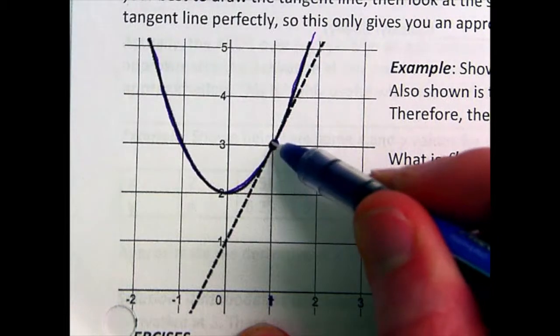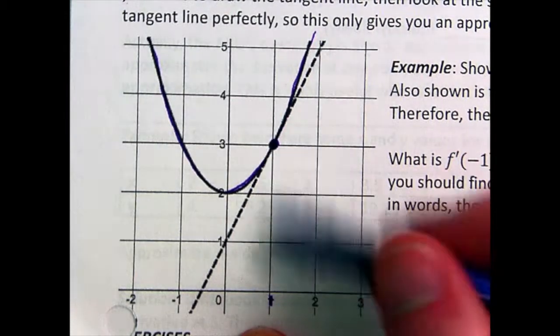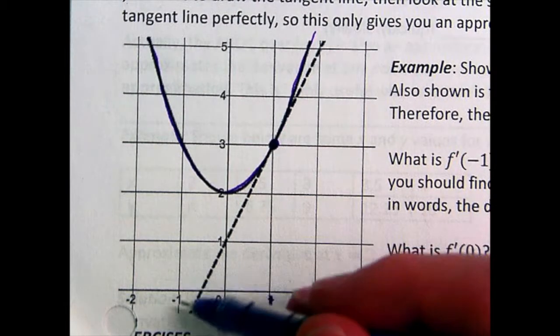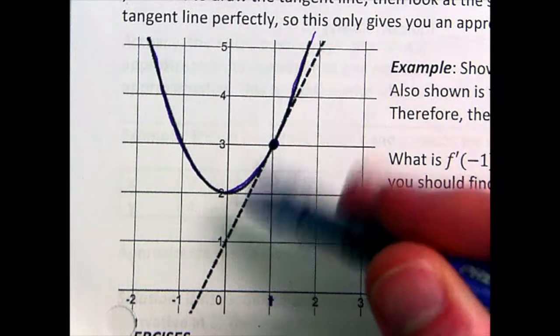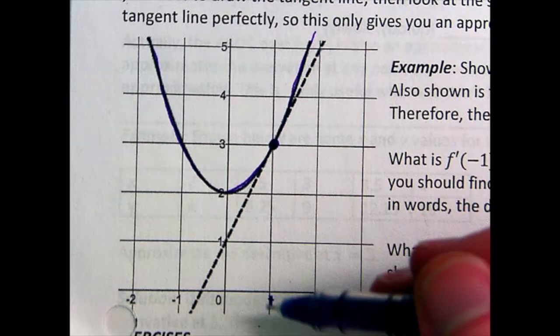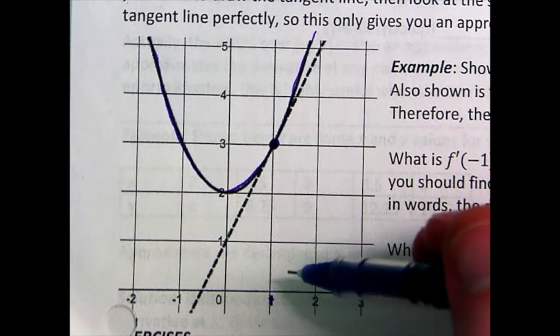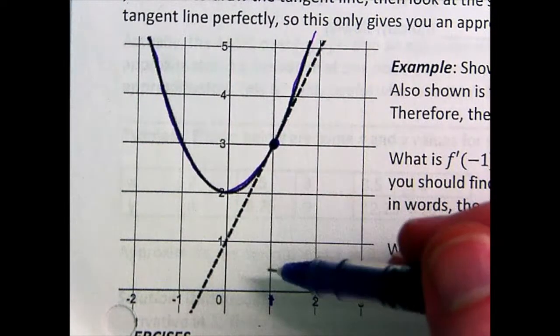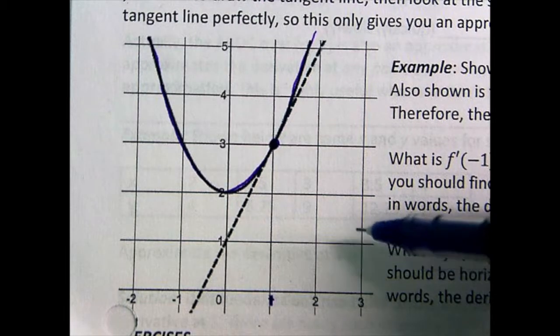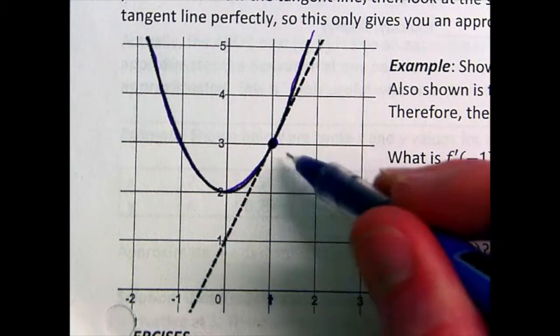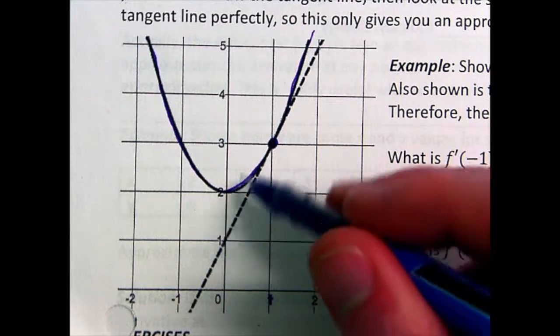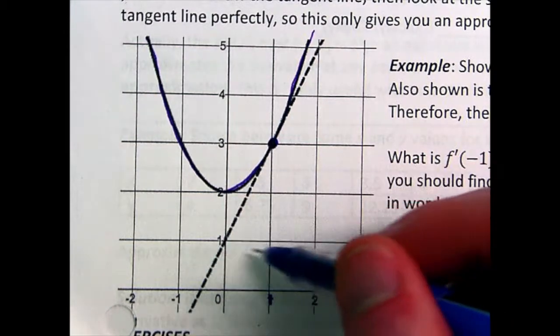Here's the point on the parabola associated with x equal to 1. And this dotted line here is the tangent line. The derivative of f at 1 is just the slope of this tangent line, which because of the grid we can figure out pretty well. You can see that the slope of this tangent line is 2, rise of 2, run of 1.